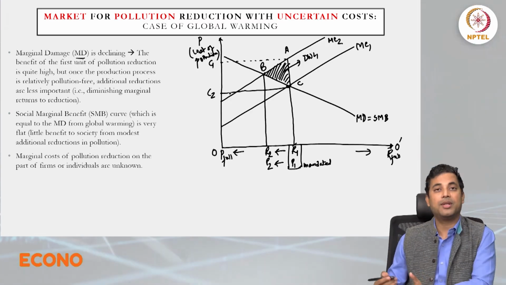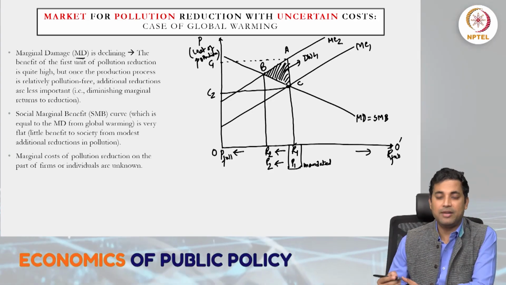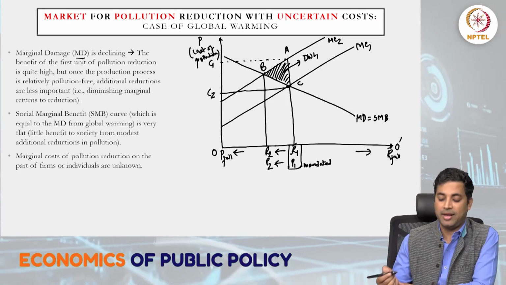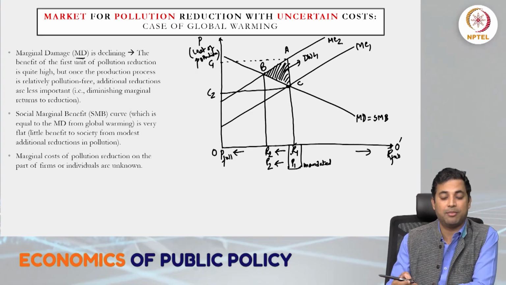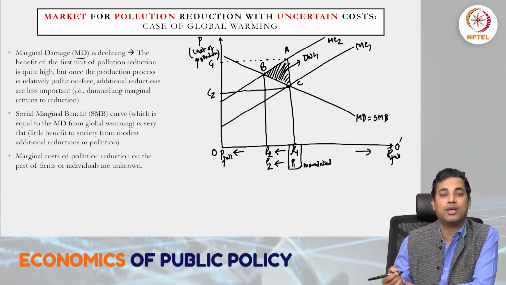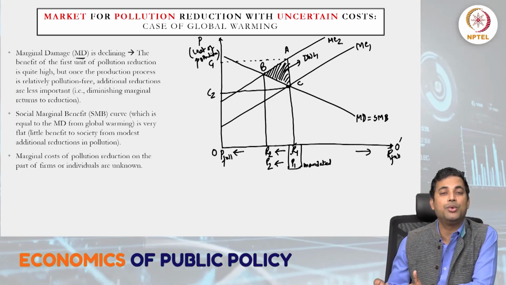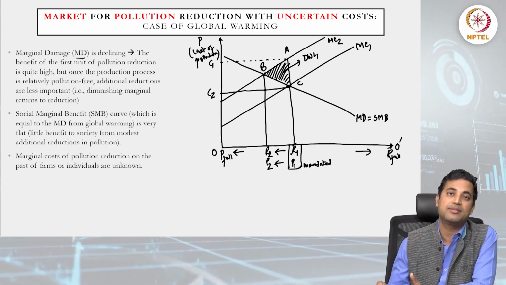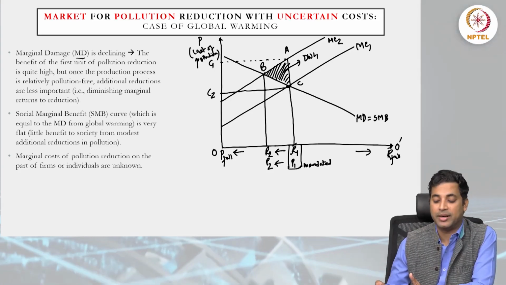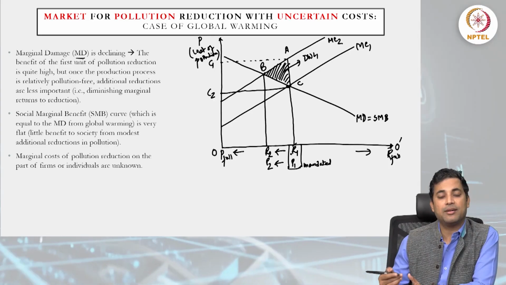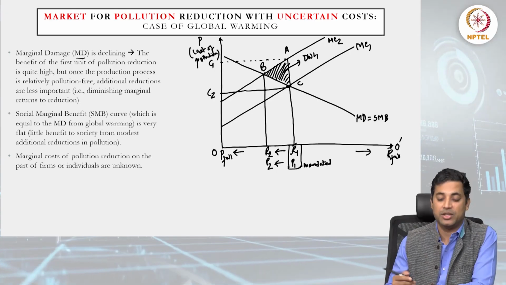So when we look at the ABC area, and the R1 to R2 area and the P1 to P2 area, the reduction in pollution is what we are talking about when we are only focusing on the quantity check. There are two ways that we already know. One is the price check, regulation on the price, and the other one is regulation over the quantity. Here we began from the quantity regulation point of view.